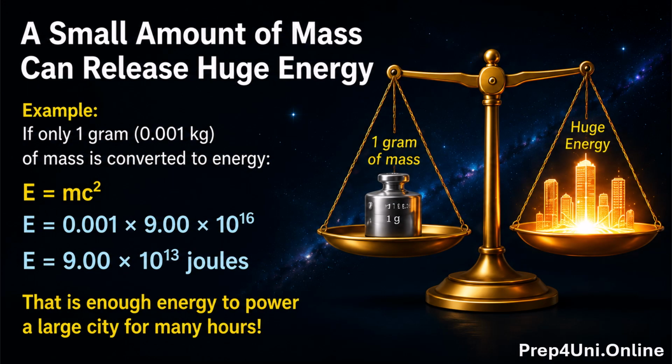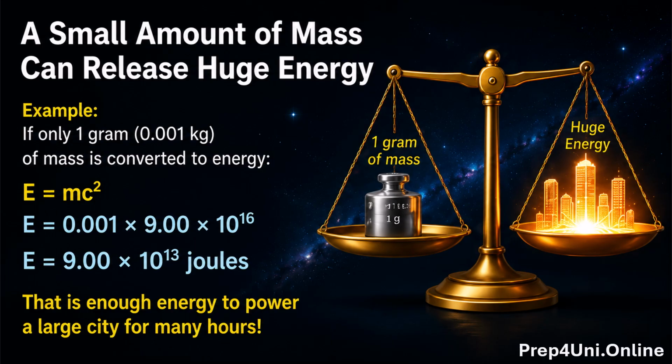In many nuclear reactions, the total mass after the reaction is slightly less than the total mass before the reaction. This missing mass has not vanished into nothing. It has been converted into energy. The mass difference may be very small. But because it is multiplied by c², the released energy can be very large.